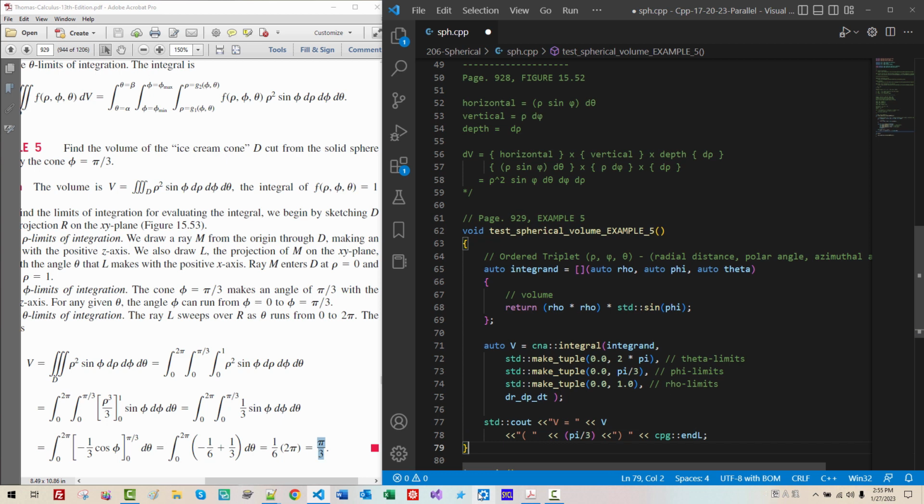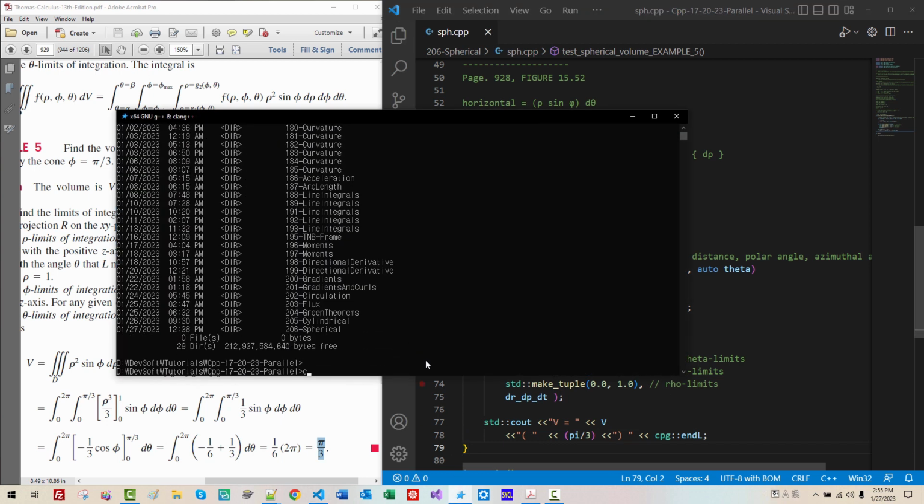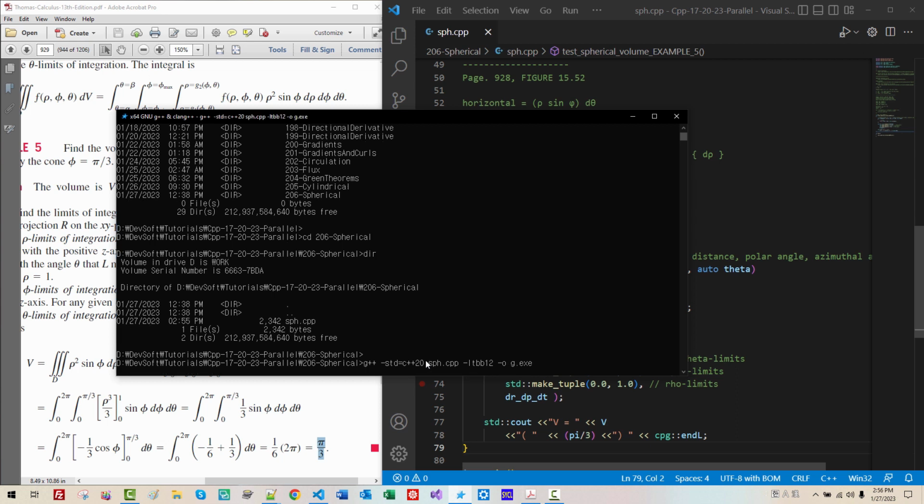Now open up any compiler. cd 206 spherical. I will use the GNU compiler, std c++20, sph.cpp, -o bg.exe, hit enter.